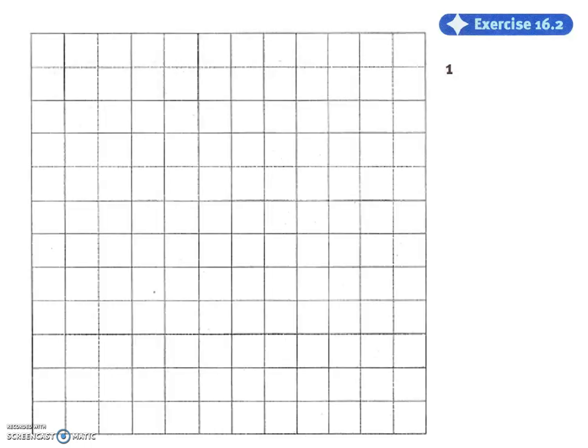Okay, look at this exercise. You're given an object which is a rectangle, and you are required to do an enlargement with a scale factor of 2 at the center given.